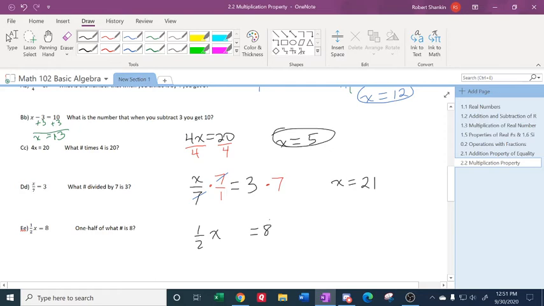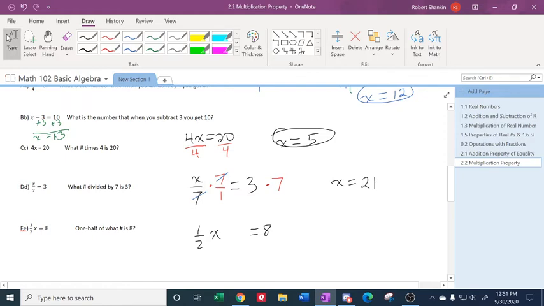Half of what number is 8? All right, we have to get rid of the 1/2. Again, we're trying to isolate the x. Now, since 1/2 is multiplied by the x, I could divide both sides by 1/2.